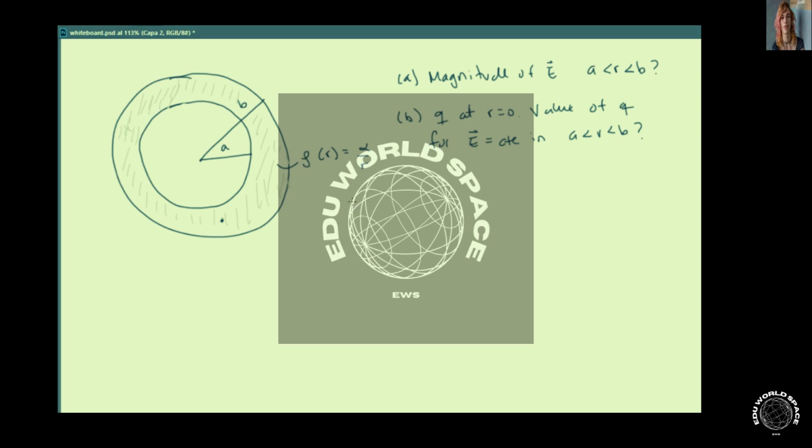First, notice that we do have the volume charge density. We also know the volume of the sphere, so if we take the derivative, we find that dV equals 4 pi r squared dr, where r is the radius of the sphere.